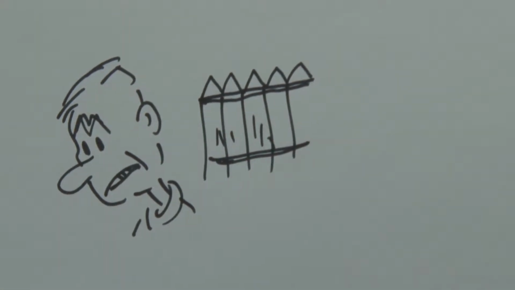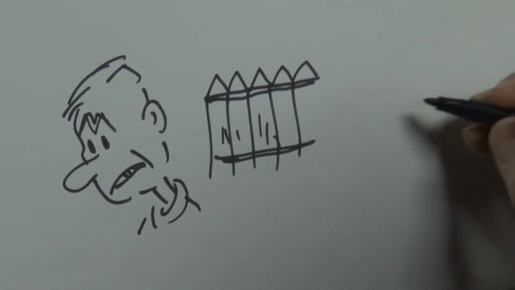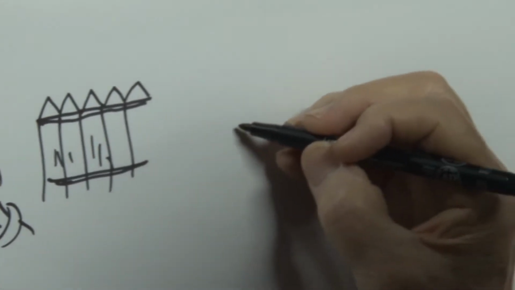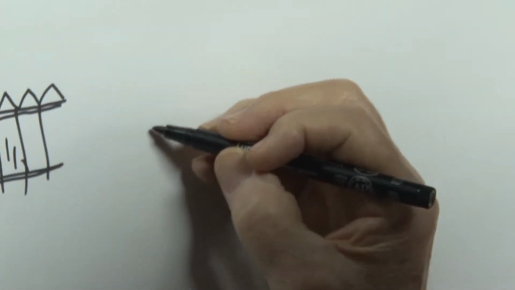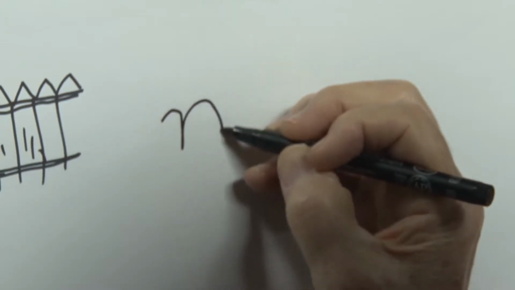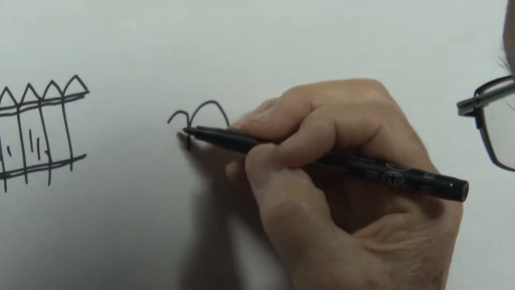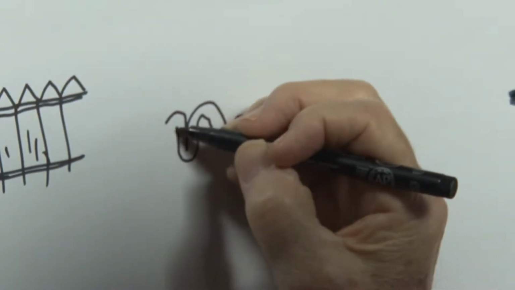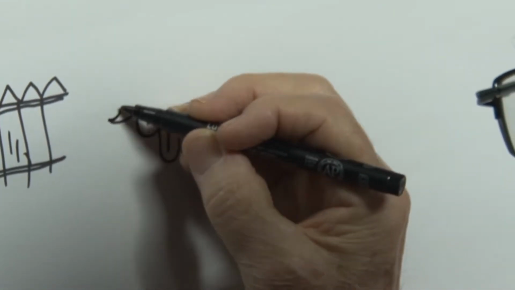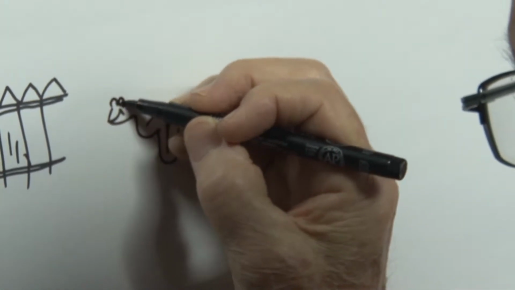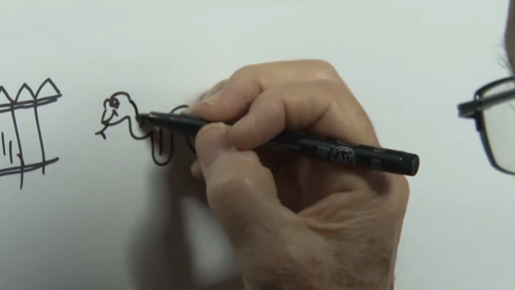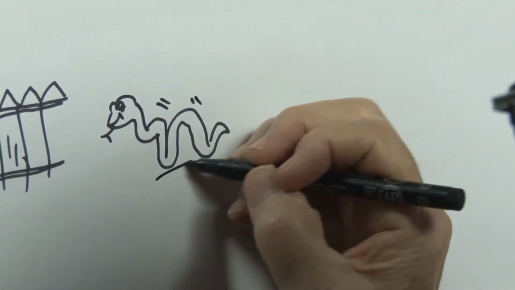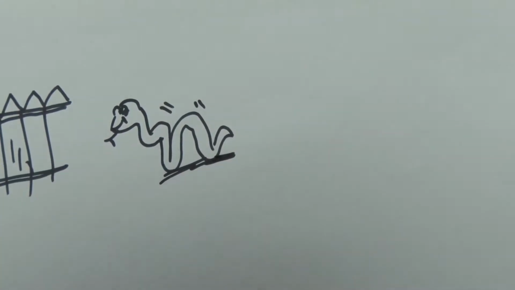So we turn to the N. I like to make a cursive N to start with. And then I make a few curls there, and make a happy snake crawling along, you see.